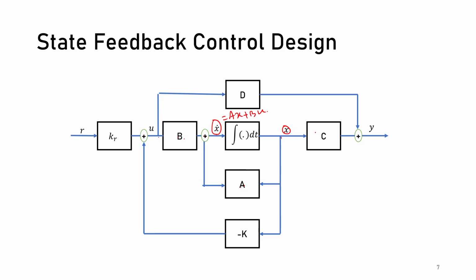And then H times C plus U times D equals Y, because Y equals C times H plus D times U. So here is CH, and because here is U times D, you have DU here.